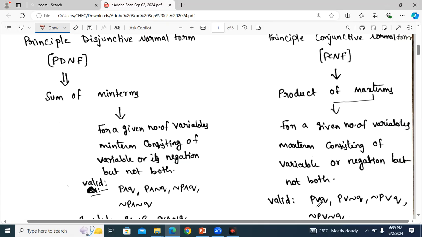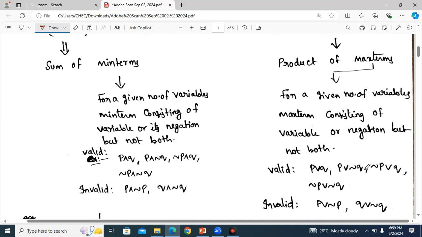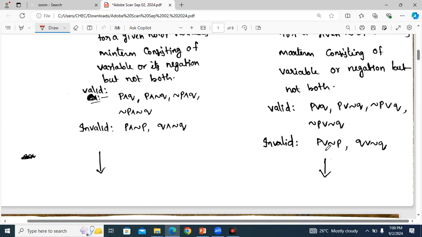That means if P, Q are two variables, the valid max terms are P or Q, P or negation Q, negation P or Q, negation P or negation Q. Invalid max terms are P or negation P, Q or negation Q. A variable and its negation cannot both occur in a max term; that is not a max term. These are invalid max terms.